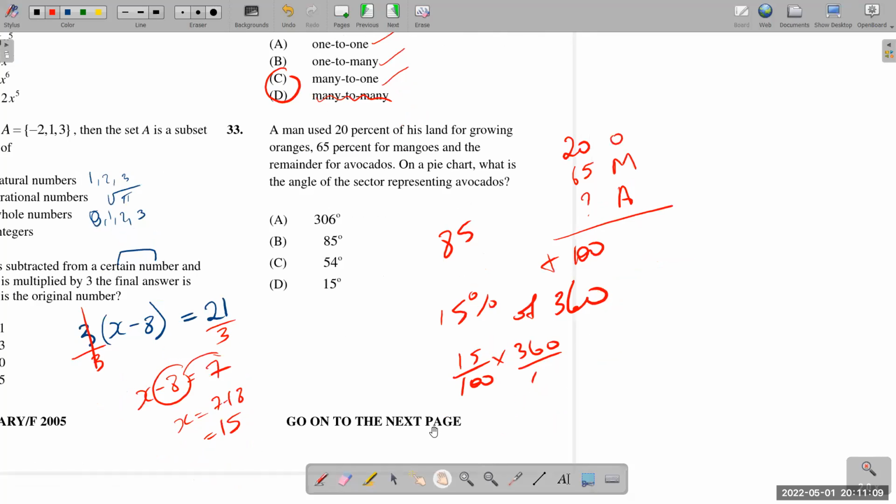Y'all still here? Just check in and let me know if y'all still following. Okay. So boom, boom. And then we have 5 can go into itself 3 times, 5 can go into 10 twice. Then you have 2 can go into itself once, 2 can go into 36, 18. So it's 18 times 3. What is 18 times 3? That looks like 54. Yeah, that looking like 54.